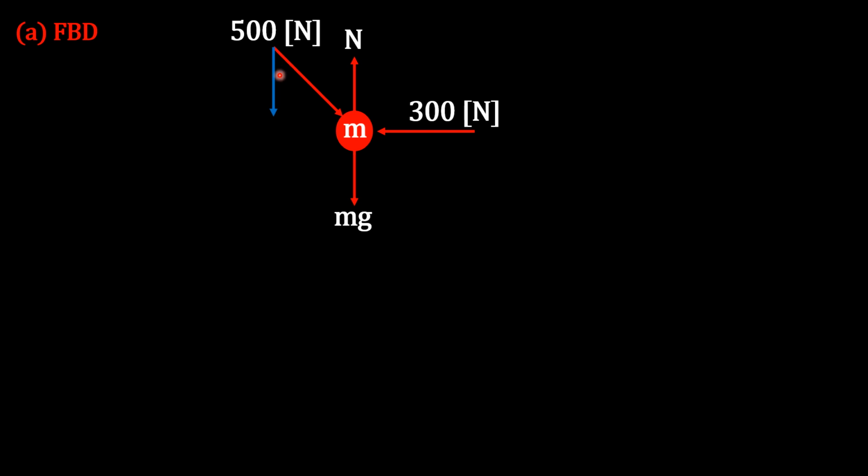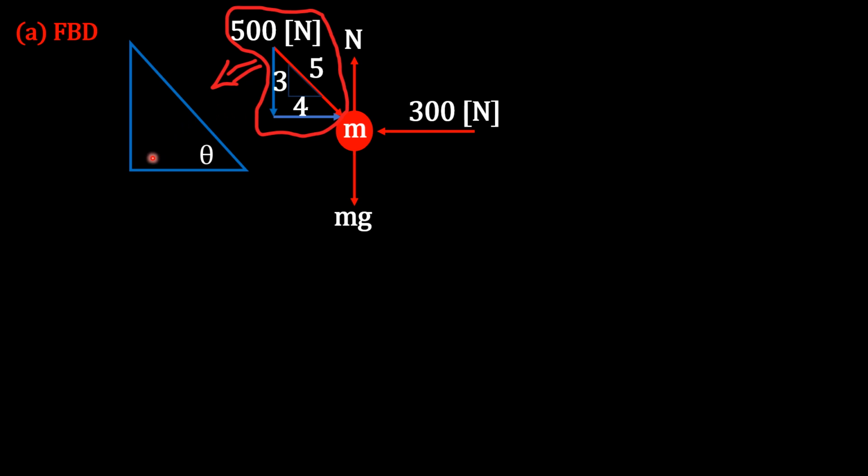So we can divide this into two components, its vertical component and its horizontal component. And we can use the triangle relationship 3, 4, and 5 here. Let's take a quick look at this triangle. This is our theta, and this is a right triangle.